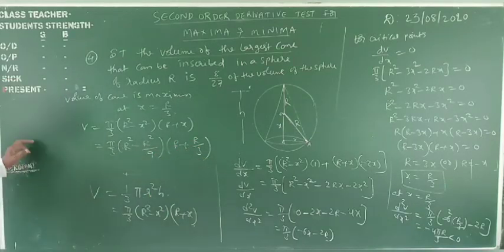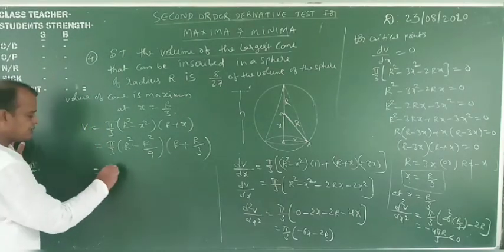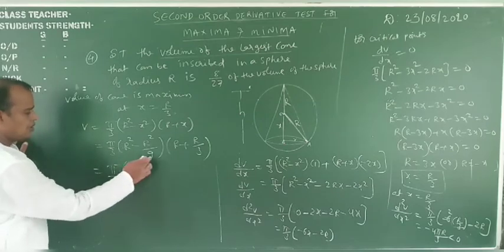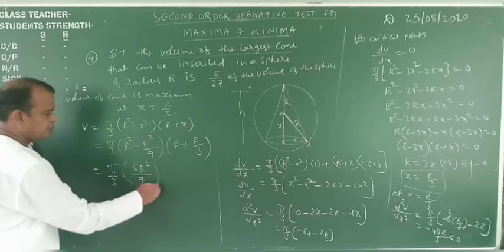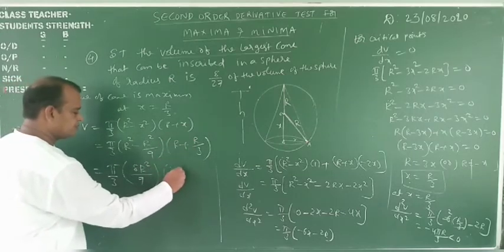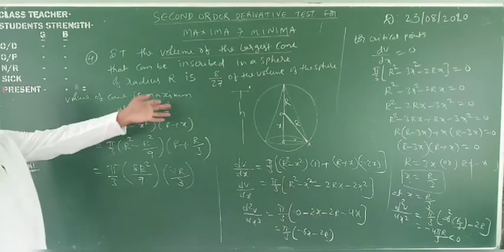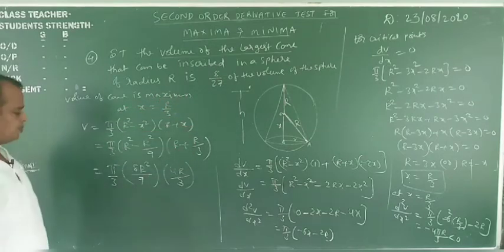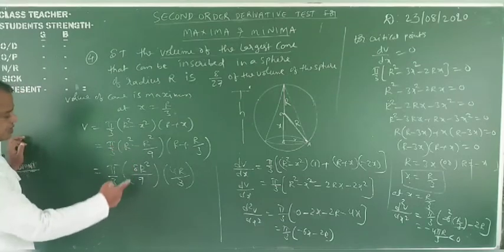Now substitute. Pi by 3 into 9r square minus r square, 8r square by 9, into 4r by 3. What happened? 8 by 27 into 4 by 3 pi r cube. 8 by 9 into 3 is 27, so 8 by 27.